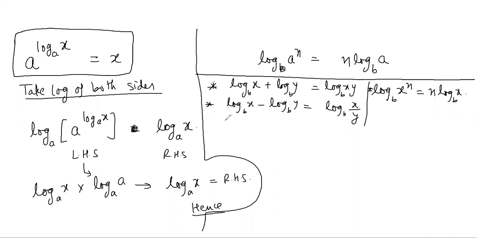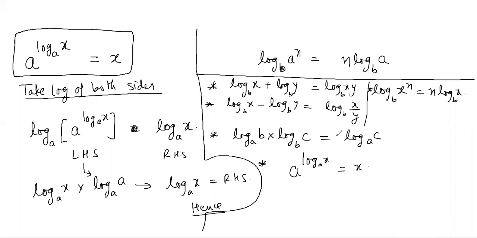And then log of a base b multiplied by log of b base c equal to log of a base c. And the last one is a to the power log of a base x is equal to x. So all these formulae you have to remember. Okay?